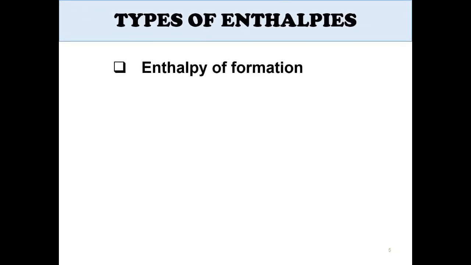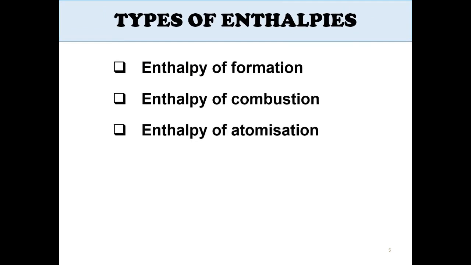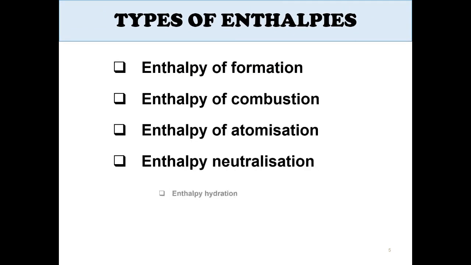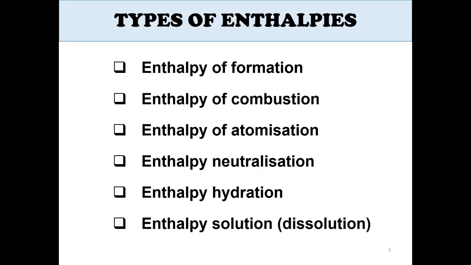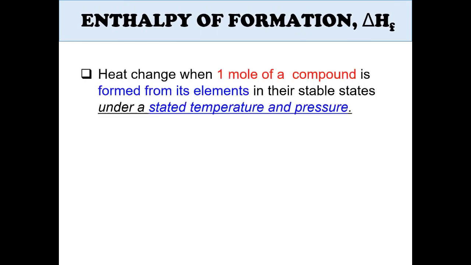Types of enthalpies. We have enthalpy of formation, enthalpy of combustion, enthalpy of atomization, enthalpy of neutralization, enthalpy of hydration, and enthalpy of solution or dissolution. Enthalpy of formation. Symbol is delta HF. It is defined as the heat change when 1 mole of compound is formed from its elements in their stable states under a stated temperature and pressure.